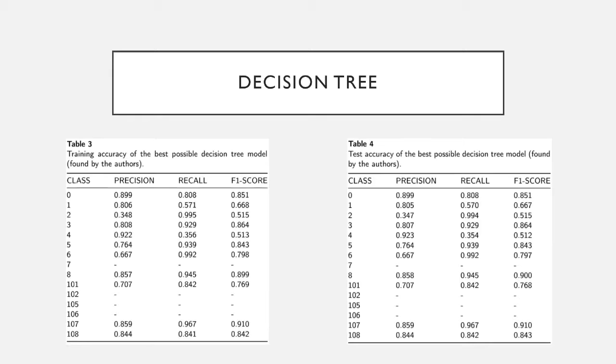However, some classes, such as Class 4 and Class 1, have lower recalls than precision because for those classes, the decision tree model alone has a high false negative rate.